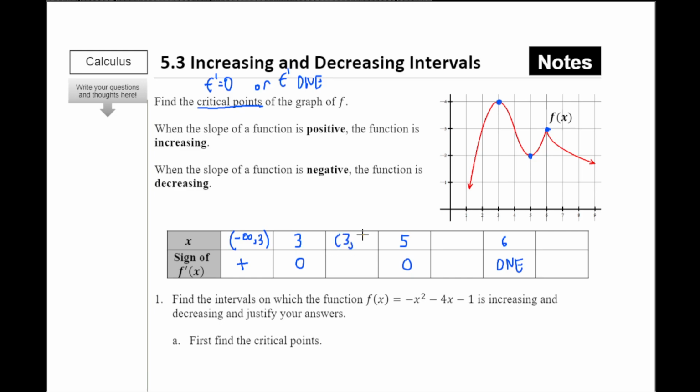So from 3 to 5, the function is decreasing, therefore the first derivative is negative. From 5 to 6, you see the function is increasing, therefore the slope is positive. From 6 to infinity, the function's decreasing, therefore the first derivative is negative.